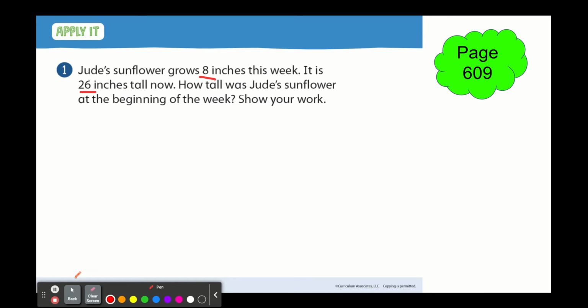Okay. Now, we will solve this by using the bar model. So we know that the sunflower is now 26. On one part, it says we have the number 8, which was how it grew this week. All right. And this is the missing number, guys.